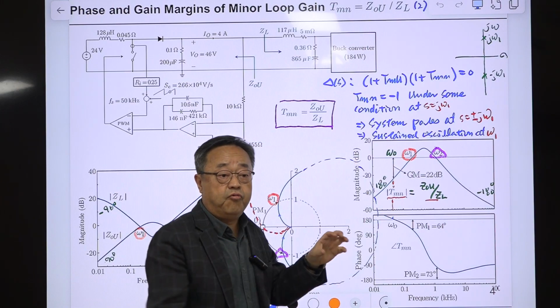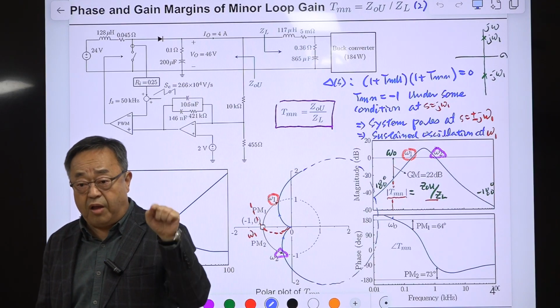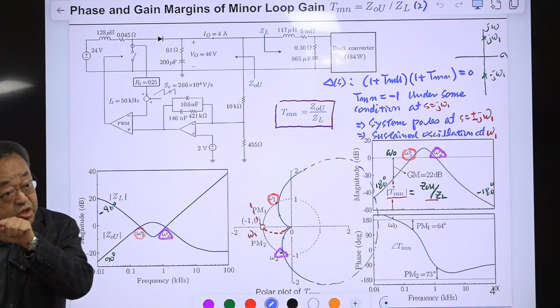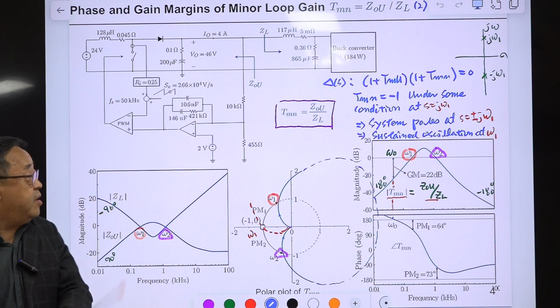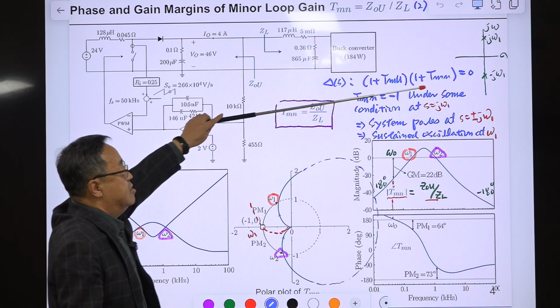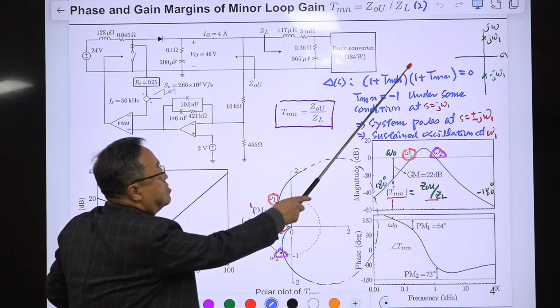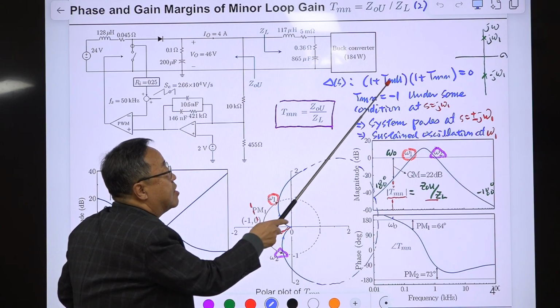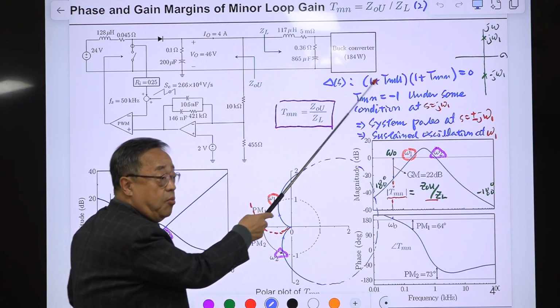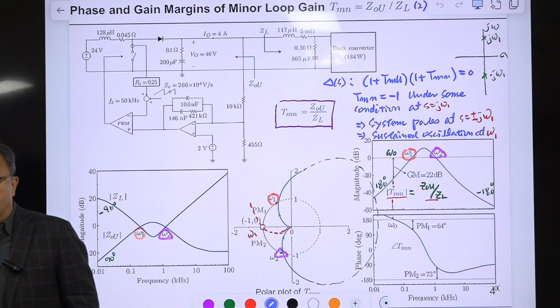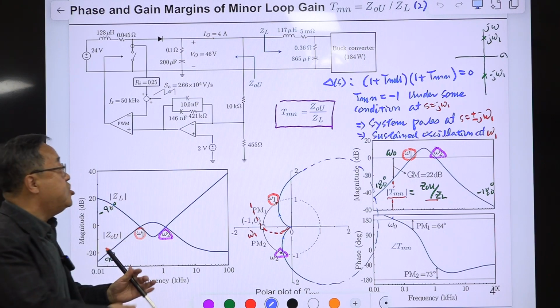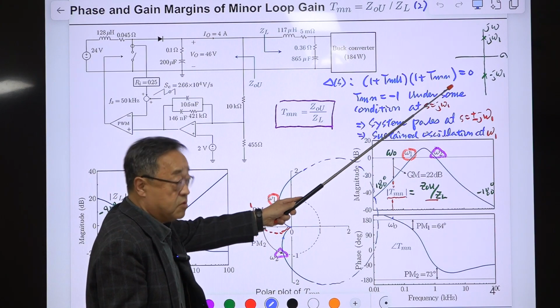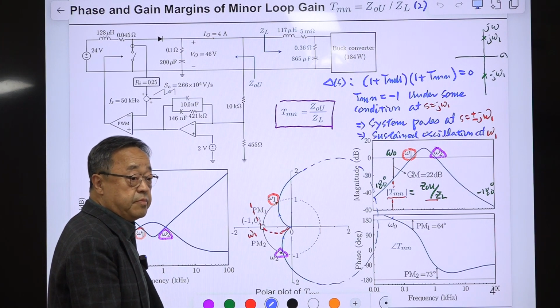So we start out with the standard format 1 plus Tml equals 0, and through some simple manipulation we identify this term. If this term is 1, then this is what? The characteristic equation of the uncoupled converter. Because of the loading, you have an additional term like this.